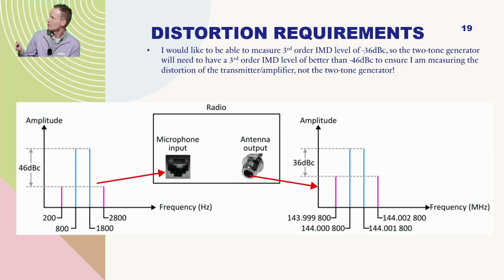We want to measure the linearity of the radio. So I've said, right, well, we need to be at least 10 dB better than that. So this is the audio coming in, that's the RF coming out. We want to be 10 dB better, so 46 decibels below the wanted signal or the wanted audio tones.